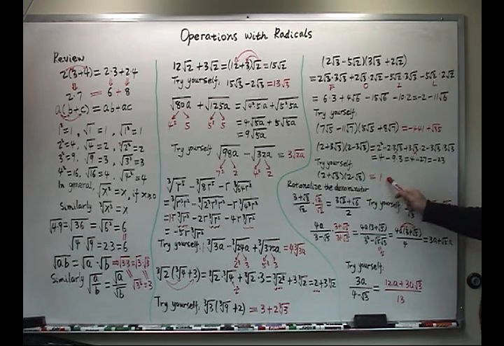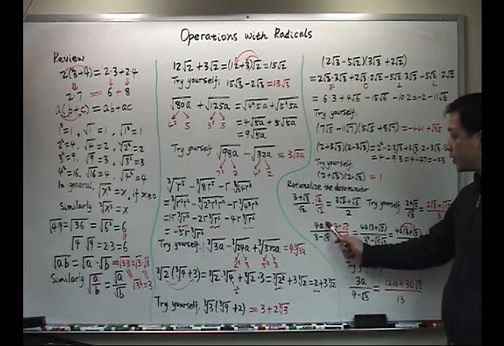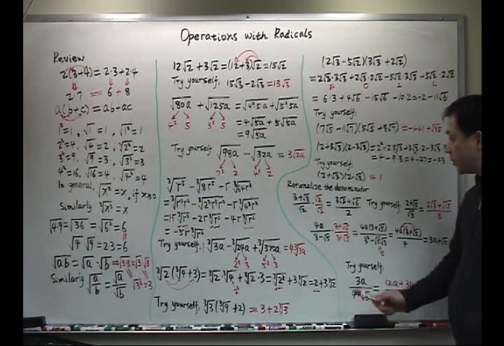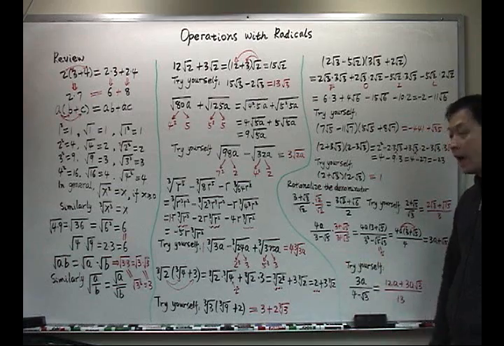The final answer in those two has no radical numbers involved. So, by the hint right here, we multiply both numerator and denominator by the same number, 3 plus √5.